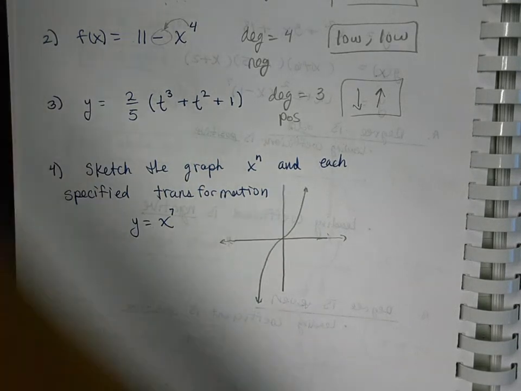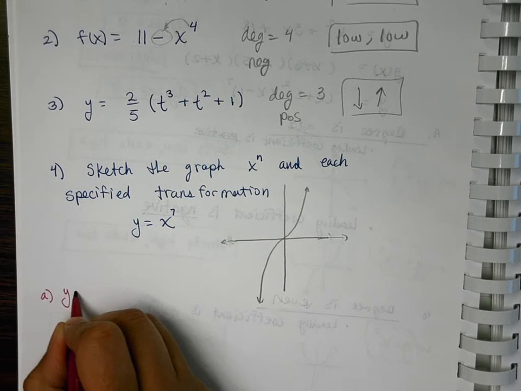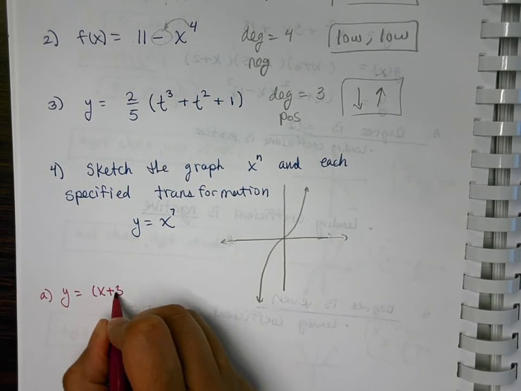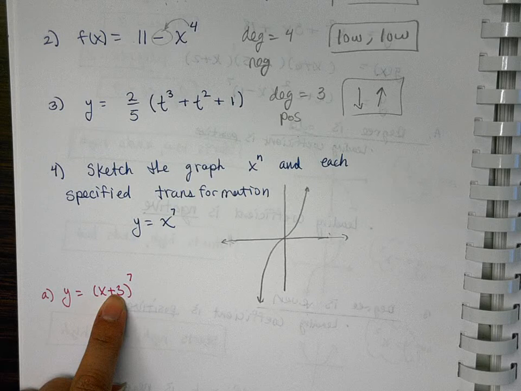Letter A, y equals parentheses x plus 3 close parentheses 7th power. You know enough about shifting from first semester and from last year. Inside, is that an up-down shift or a right-left shift?